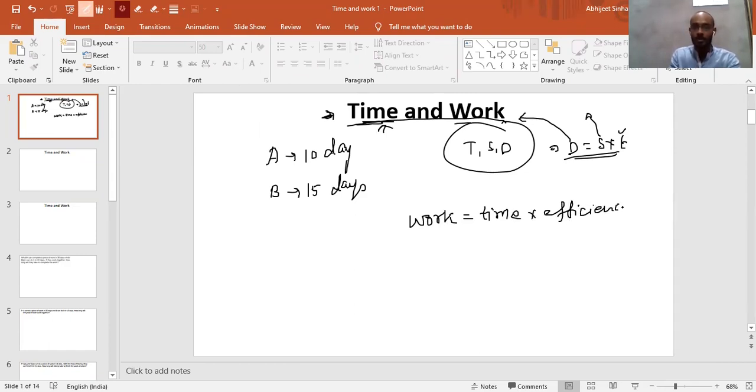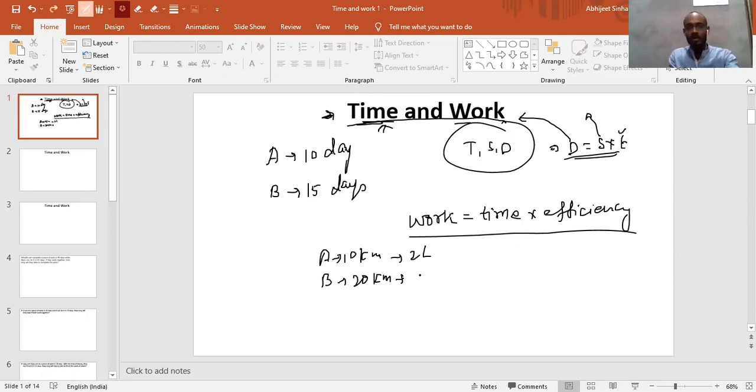Now suppose we ask how much total distance is covered by two persons, when one is traveling at 10 km/h for 2 hours and the other, B, is traveling at 20 km/h for again 2 hours, and both are moving towards each other.